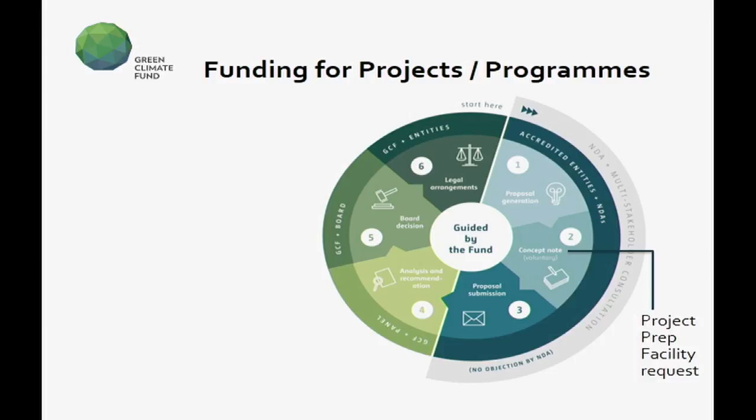So it's now up to 12 pages, and the amount of detail requested has been reduced. This is also when you can request project preparatory facility funding, the PPF we call it, which can help you prepare projects or consultancies or reports needed to justify your full proposal.